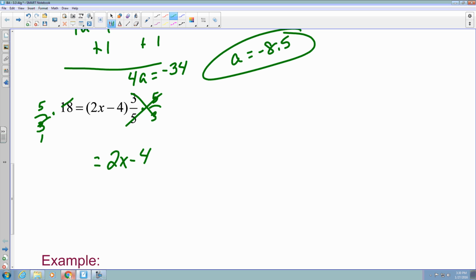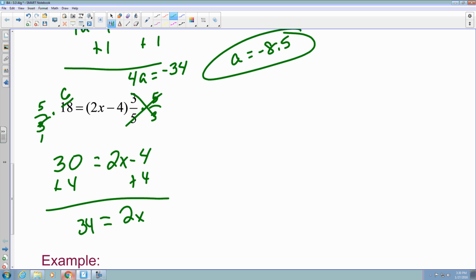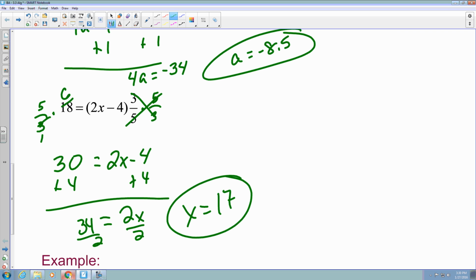Both of these are divisible by 3, so then I get 30 on the left hand side. Add 4 to both sides. I get 34 equals 2x. Dividing everything by 2, x equals 17. Okay?